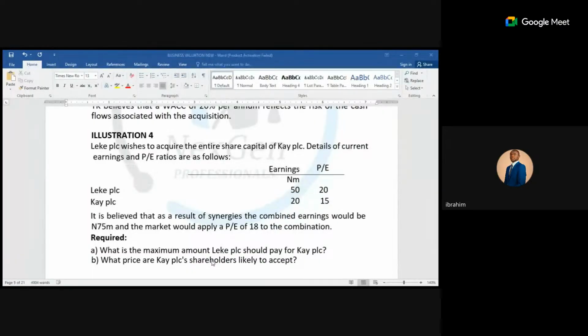There are different types of synergy: there's a revenue synergy and there is cost synergy. Maybe the revenue will increase. That is why you want to merge. As a result of that, your costs will also reduce.